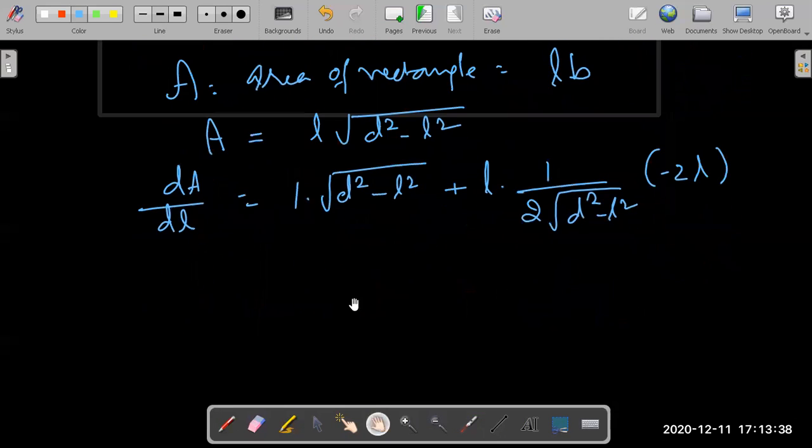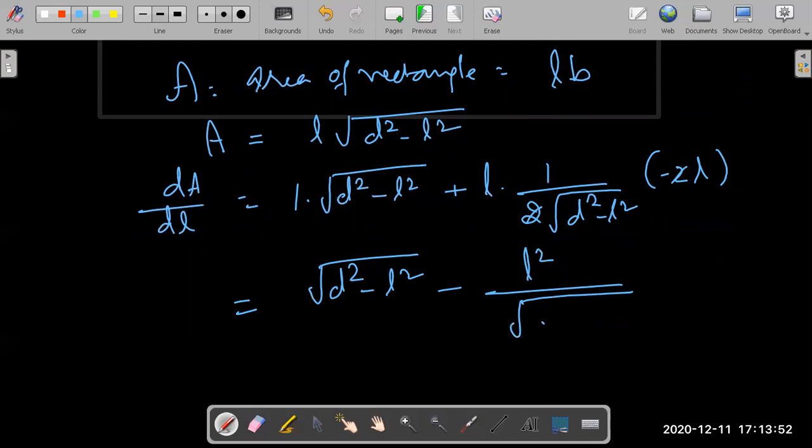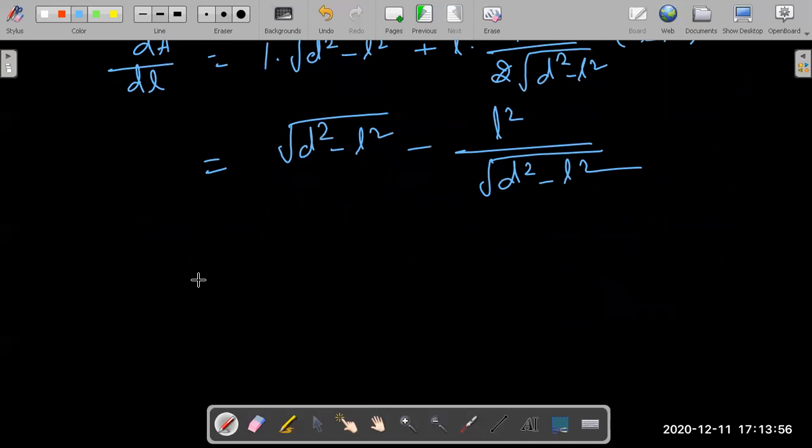So you get the square root of D squared minus L squared plus, rather minus, these two get cancelled and we'll have L squared divided by the square root of D squared minus L squared. This is to be equated to 0 for this to be maximum. So dA by dL is to be 0.